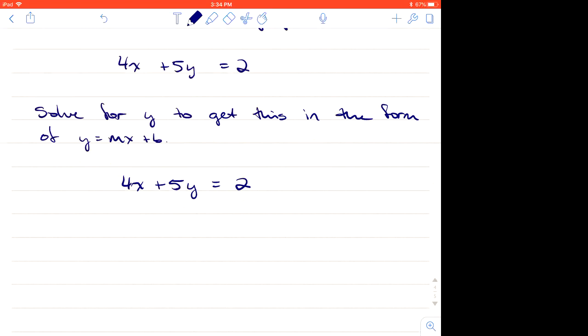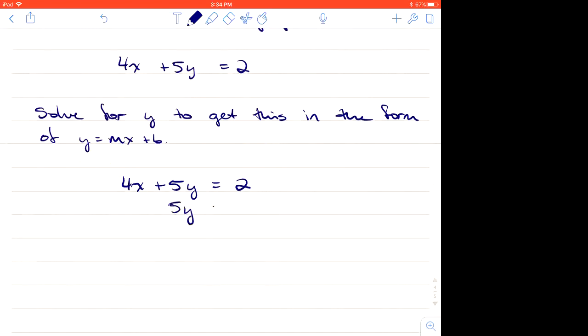Subtract 4x from both sides. So we get 5y is 2 minus 4x. Right. And then to solve for y, we have to divide both sides by 5. So we get y equals 2 minus 4x all over 5.